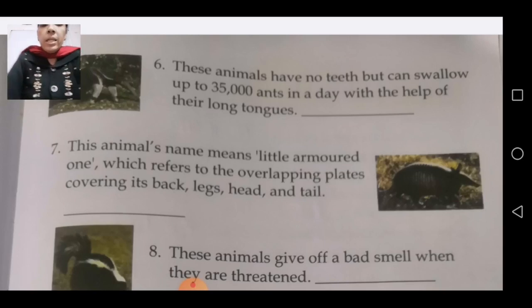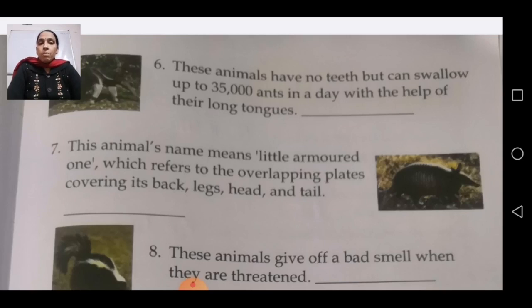Just because of its structure, it is known as little armored one, because on its back we have this overlapping of plates. So this whole page that you are going to remember: the animal is known as little armored one, which refers to the overlapping plates covering its back, legs, head, and tail.